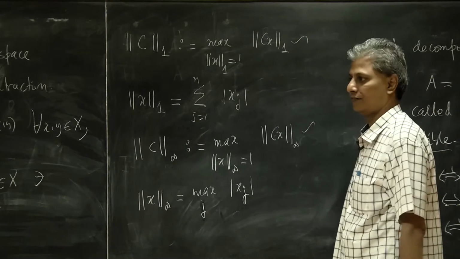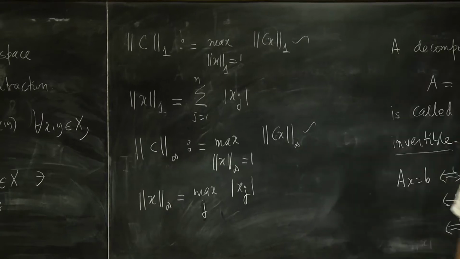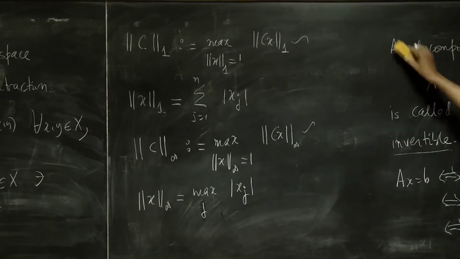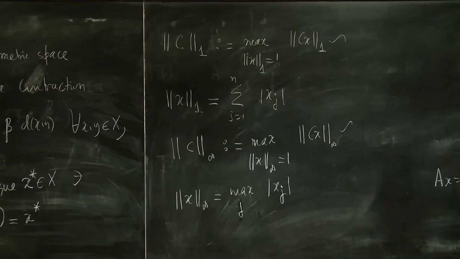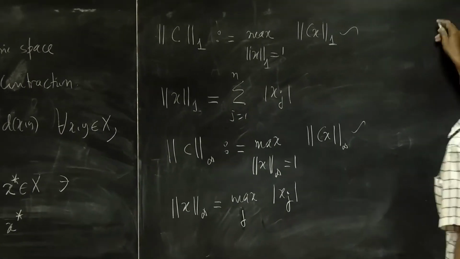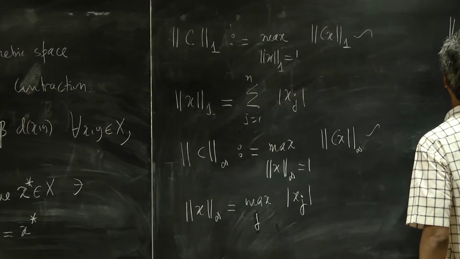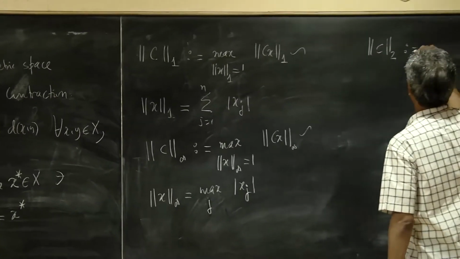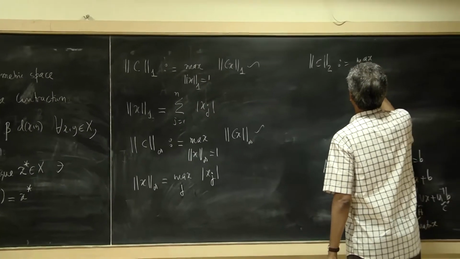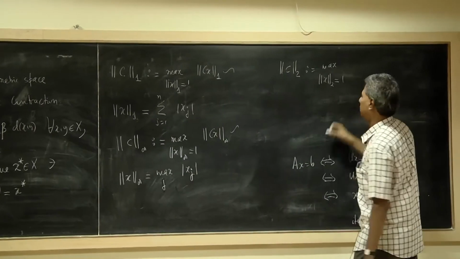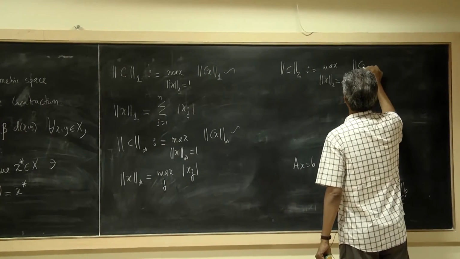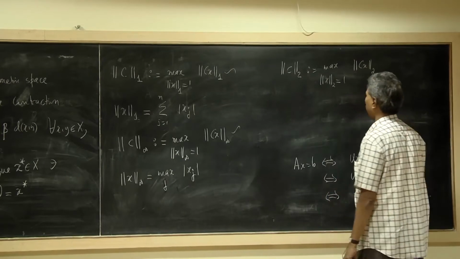We also have one, we probably say natural norm, coming from the Euclidean norm. You can call that 2. So that's defined as the maximum over norm x 2 equals 1 of norm of Cx. This is again the 2 norm.